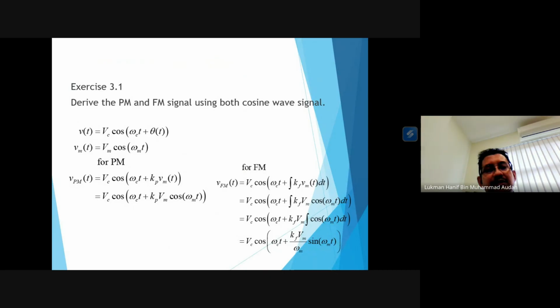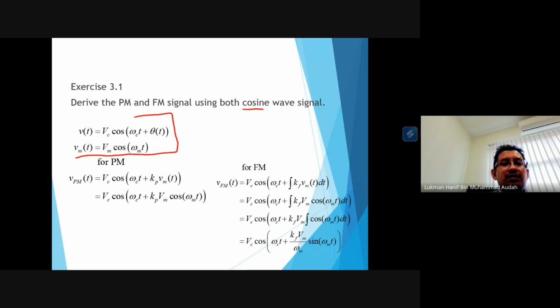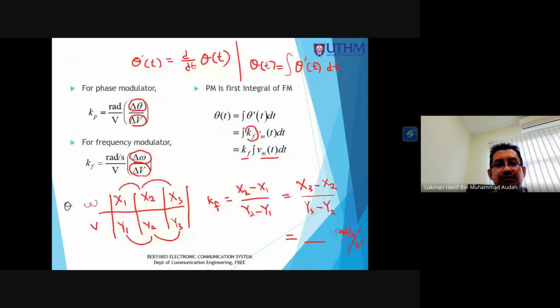So in this example, you need to derive the PM and FM signals using a cosine wave signal. If you are using a cosine signal, that means the general equation should be cosine and Vm t should also be cosine.